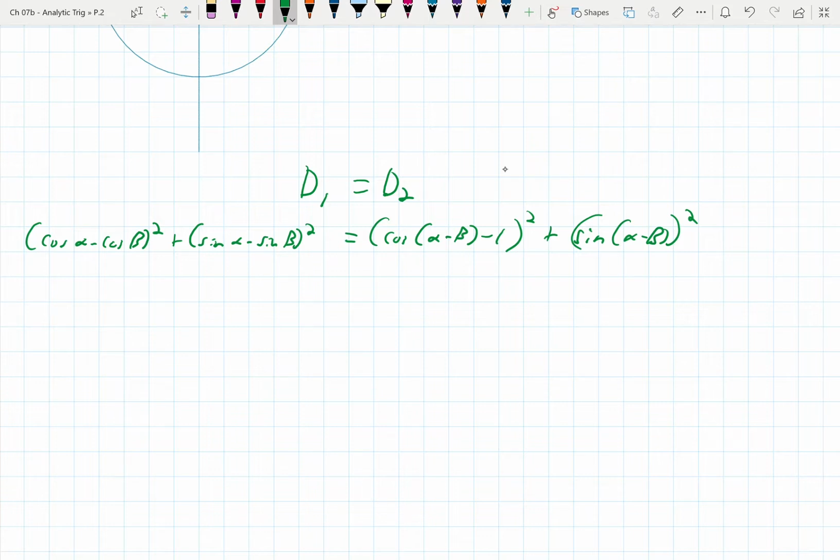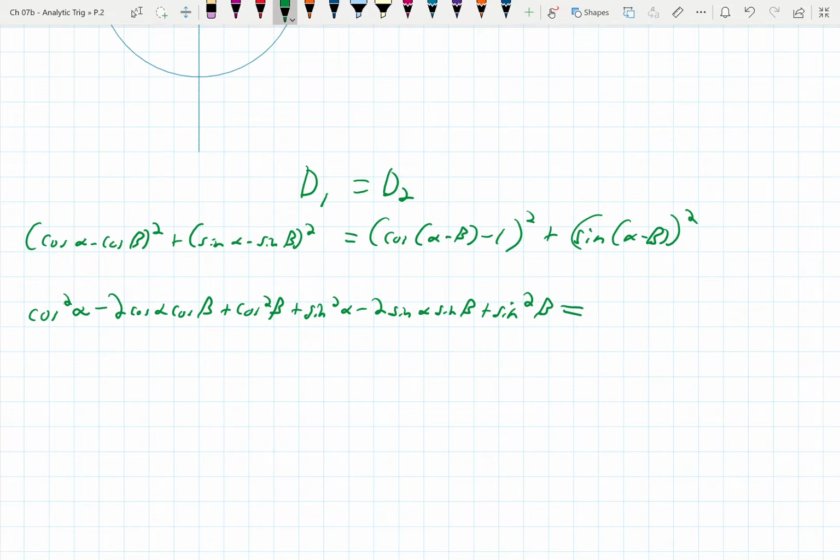Let's just kind of write it out once and then start crossing some stuff. So cosine squared alpha minus 2 cosine alpha cosine beta plus cosine squared beta plus sine squared alpha minus 2 sine alpha sine beta plus sine squared beta equals, and I'm going to put this on another line, shifted because I have a horizontal space.